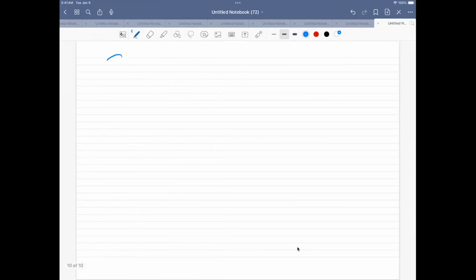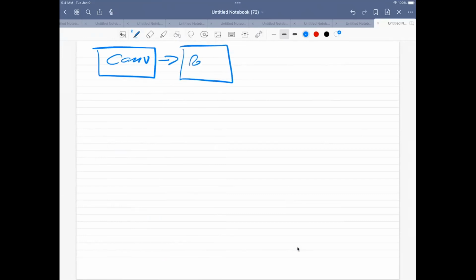This feeds into the ReLU stage, where we simply pass the information through an activation function of the ReLU type. That just transforms your output from the convolution stage. Each element is now transformed with a ReLU function. And the next step is the pooling stage.